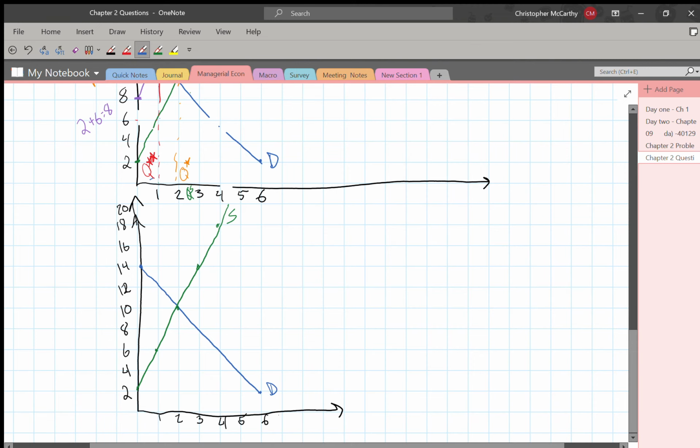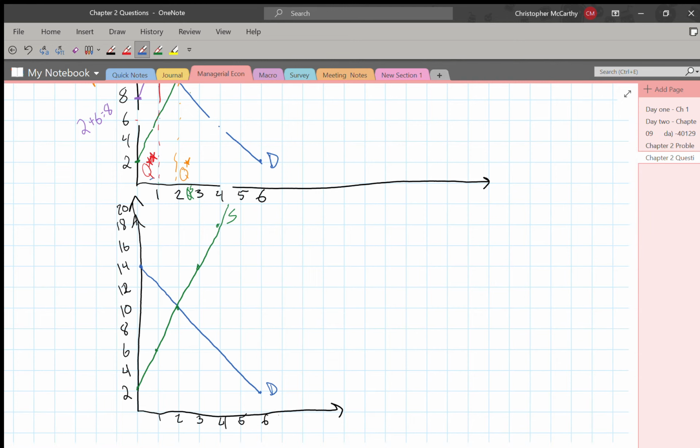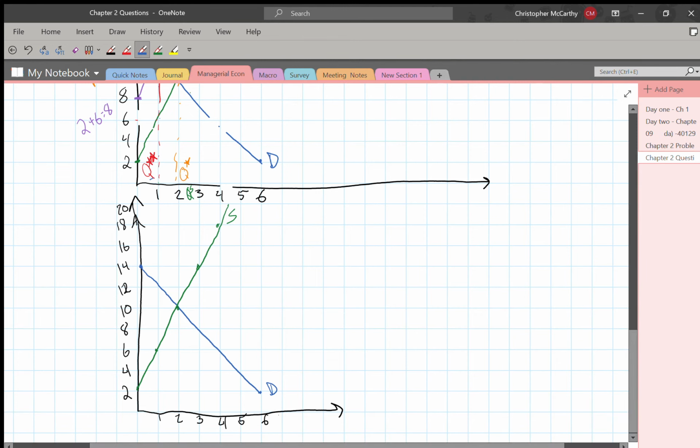So we're asked, what is the consumer and producer surplus when demand and supply are given by D0 and S0 respectively? So what is this asking us? What is this asking us in English before we talk about what it's asking us graphically? What is consumer surplus?